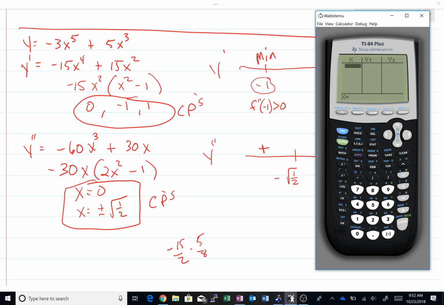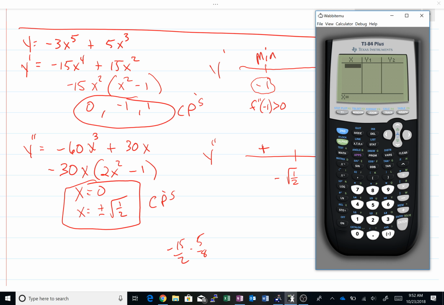I got two of these open. So I've got my first derivative chart here, and let's pick some values. Let's go to negative 2. I get negative over here. And on the other side, let's do negative 0.5.